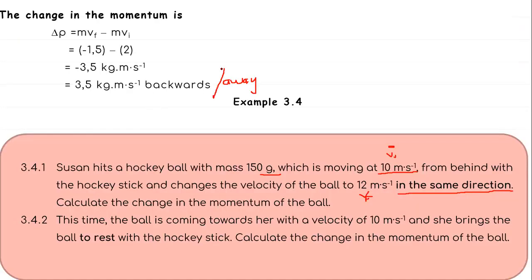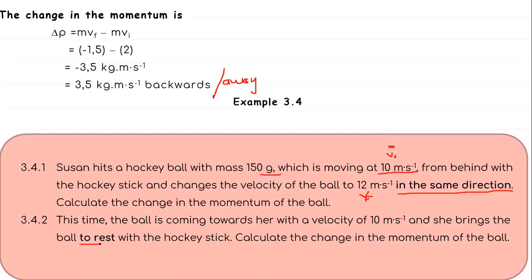Then we go to 3.4.2. This time the ball is coming towards her with a velocity of 10 meters per second. And she brings the ball to rest with the hockey stick. Calculate the change in the momentum of the ball.